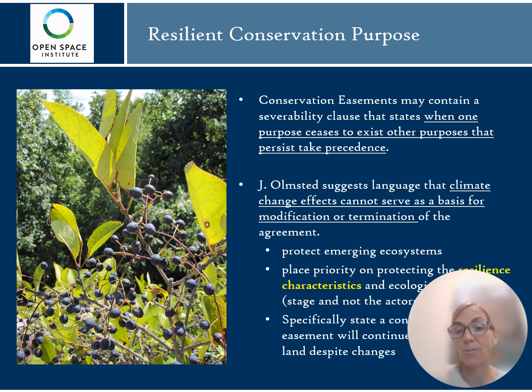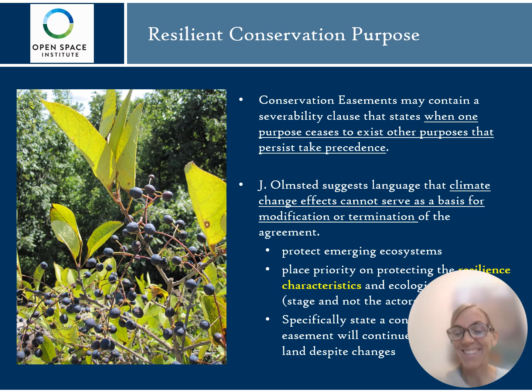There's an interesting paper written by an author, Jay Olmsted, that suggests language that climate change effects cannot serve as a basis for the modification or the termination of a conservation easement agreement, and that it actually reference the protection of emerging ecosystems, to place a priority on protecting some of the resilience characteristics of ecological systems.